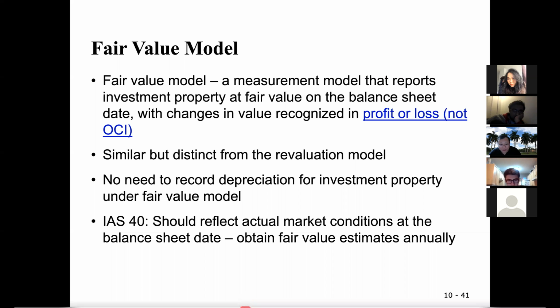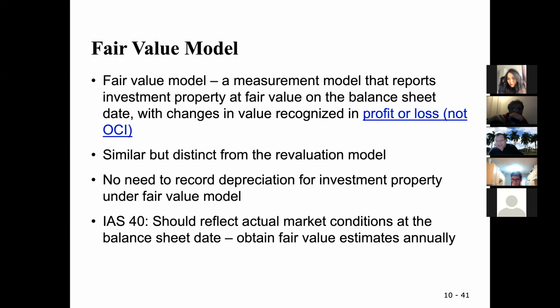Under the fair value model, you do not record depreciation. Why? Because you always check the fair value at the year end. The reason for depreciation is to recognize the cost of using the asset, so that your net book value better reflects the value of the asset.